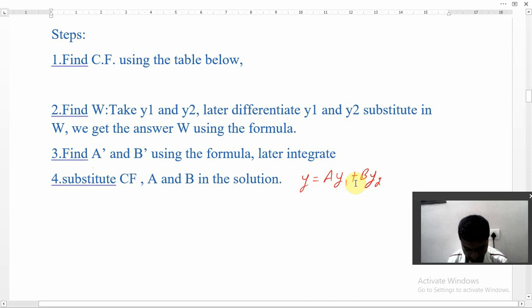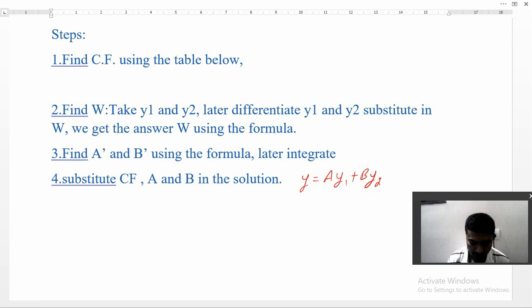So please remember this, and we'll simplify a very important example on students' demand. This is very important. Let us try to simplify this problem, and we will see how this problem is helpful in your exam.